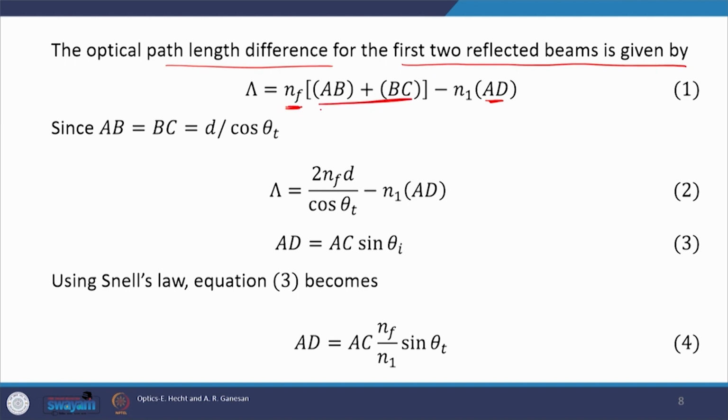Therefore, the extra path inside the film has to be multiplied by the refractive index of the film, while the extra path for ray 1 outside the film has to be multiplied by the refractive index of the first medium, which is N1 here. This difference will give us the optical path length difference between the two rays E1R and E2R.